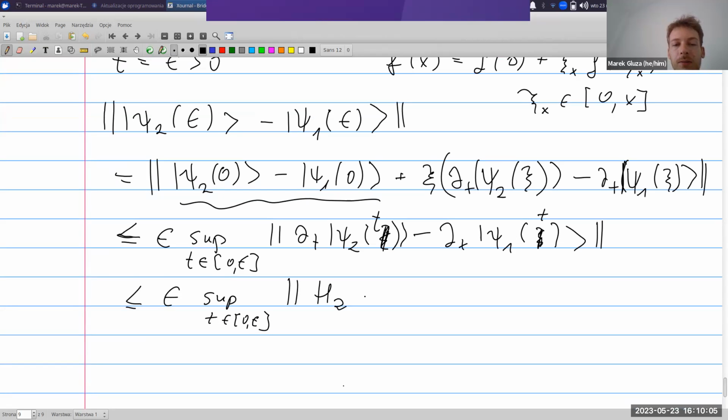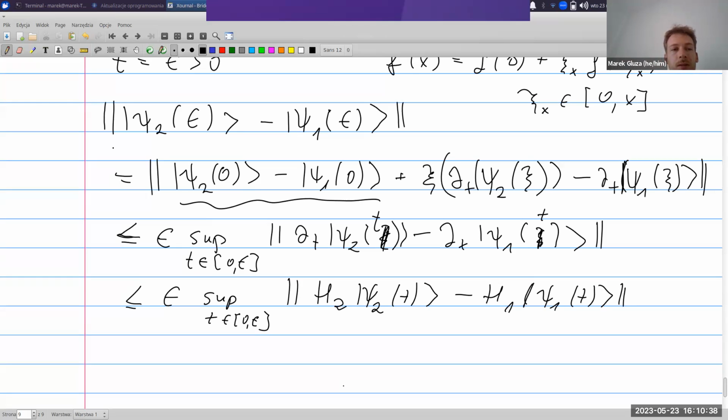Here I will have H2 applied to psi2 of t, and here I will have H1 applied to psi1 of t in that interval. Yeah, so this is actually where we run into problems, and we can try to solve this equation in some way. But you see that it becomes quite recursive.